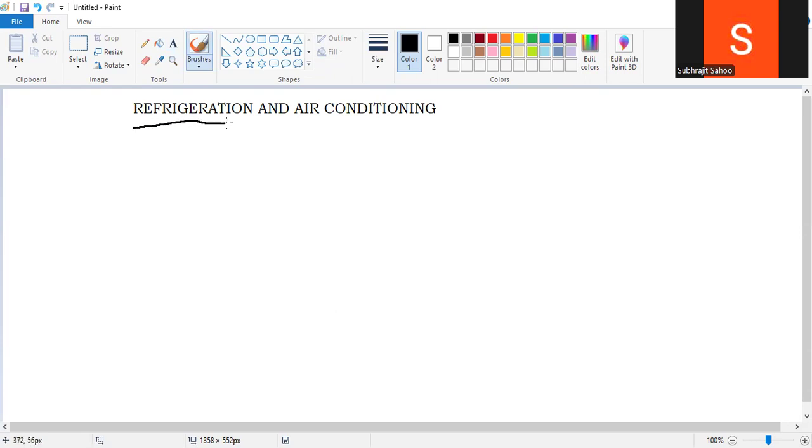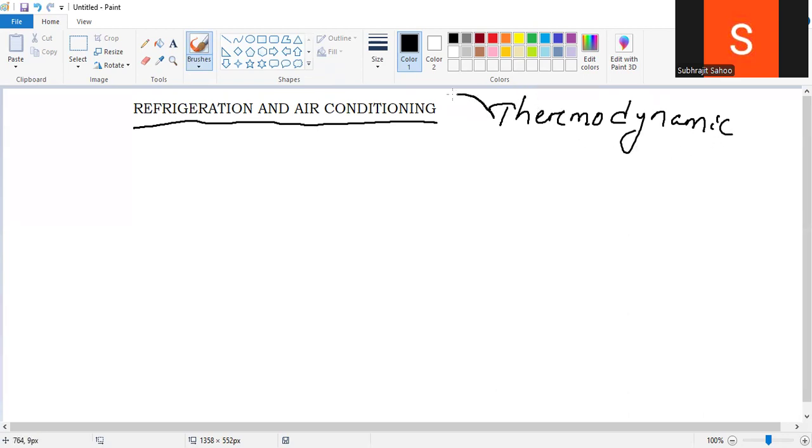The application of which one? This is the application of thermodynamics, right? The application of thermodynamics is nothing but refrigeration and air conditioning, right?